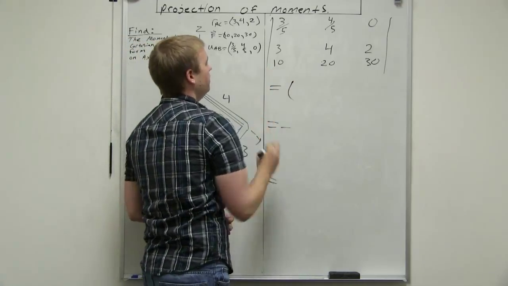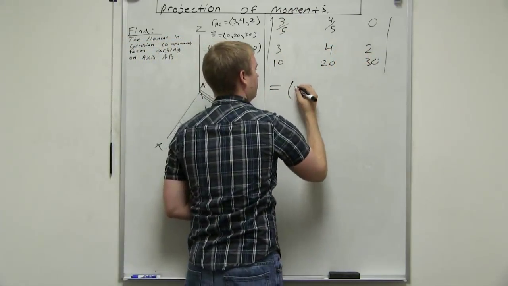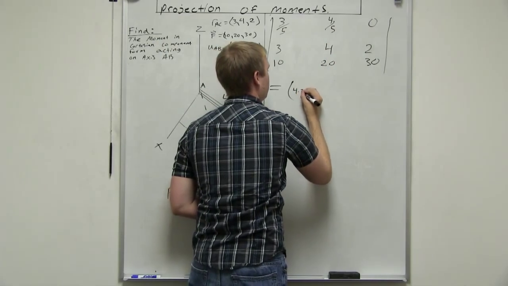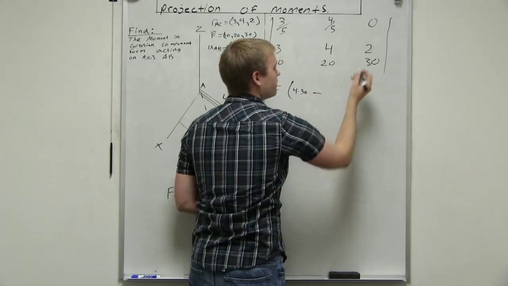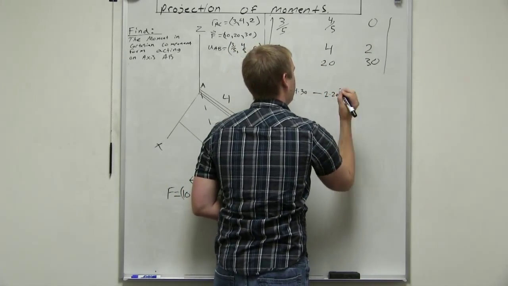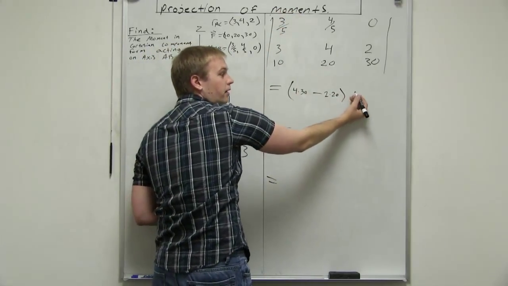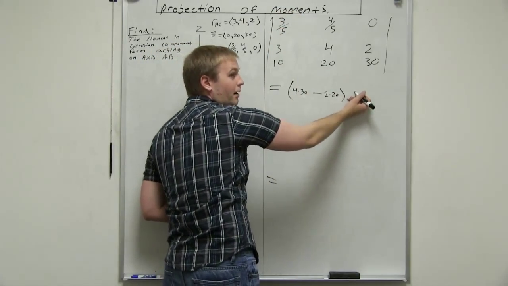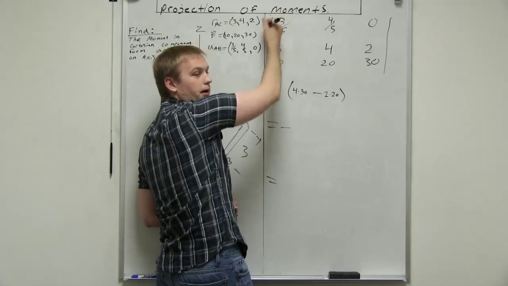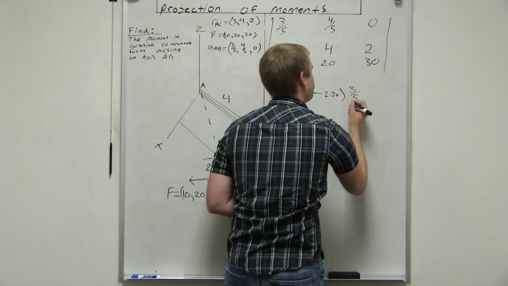So for the first one, cross out the first line, 4 times 30 minus 2 times 20. And then that's going to be multiplied by this one up here. Remember where we multiplied the other one by the i? Now we're multiplying by what we replaced i with, which is 3/5.